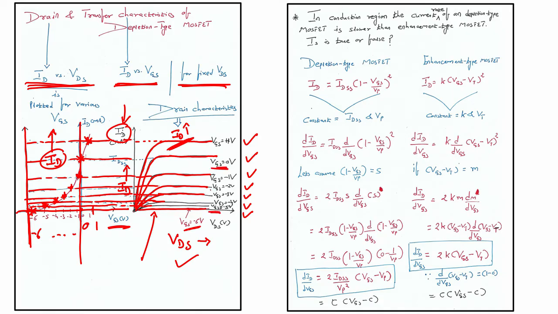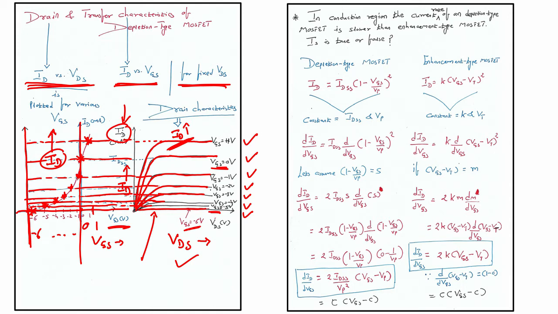So, here my plot is ID versus VGS. Again I can draw the transfer characteristics if I know the drain characteristics, that is ID versus VDS.